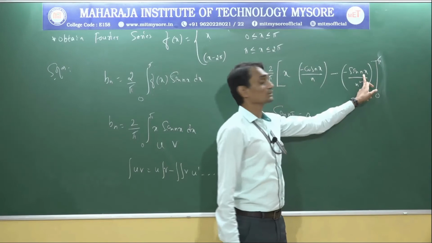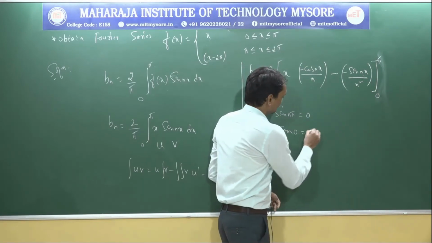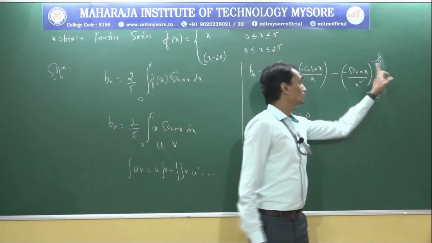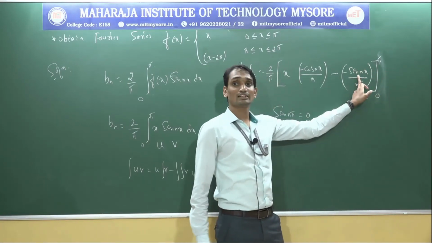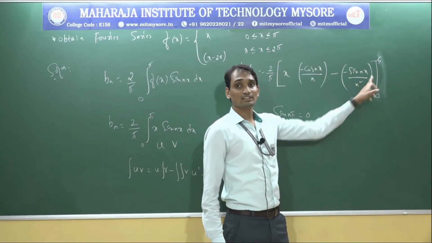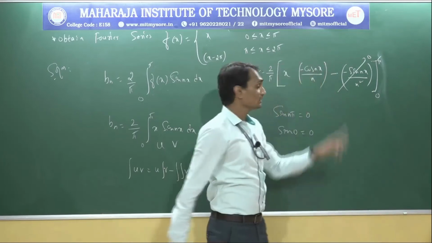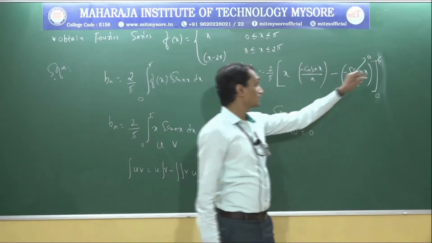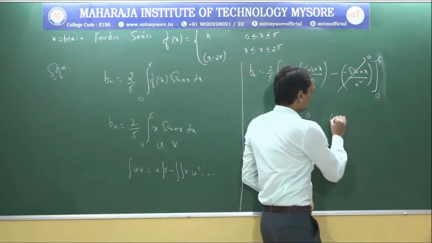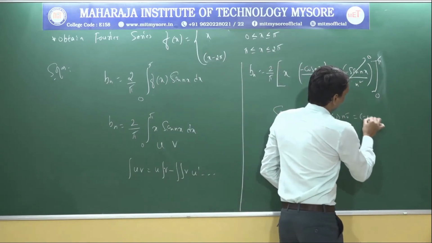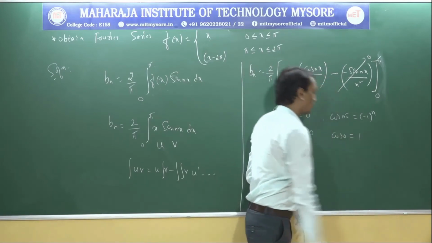If I substitute 0, this becomes sin 0, which is 0. So the second value vanishes and only the first value remains. Because if I substitute pi here, this becomes cos n pi, which means minus 1 power n, and cos 0 means 1.